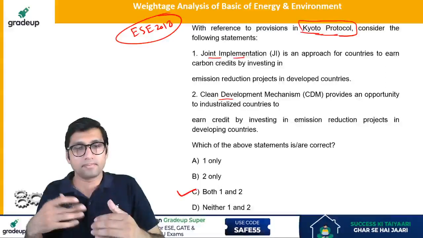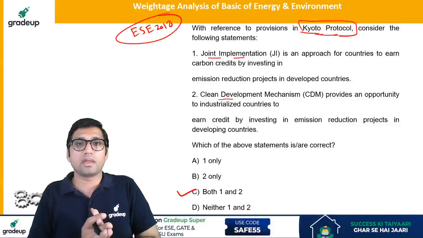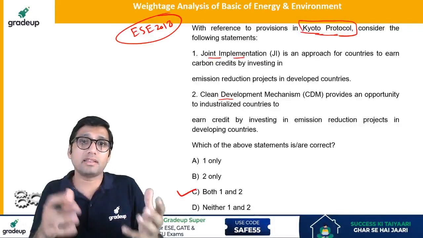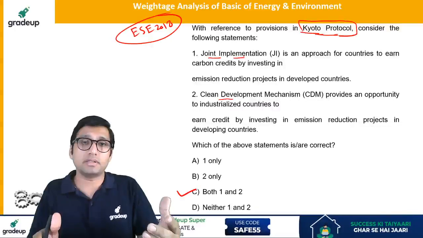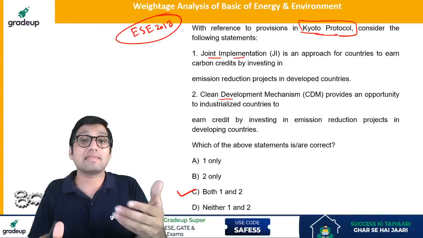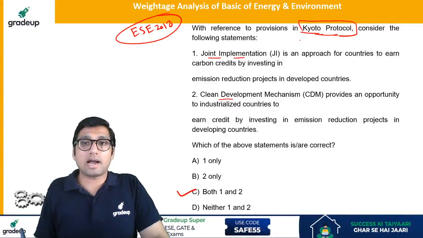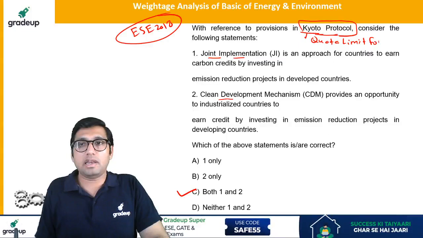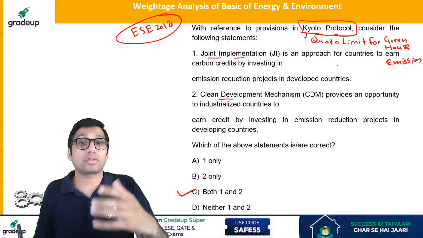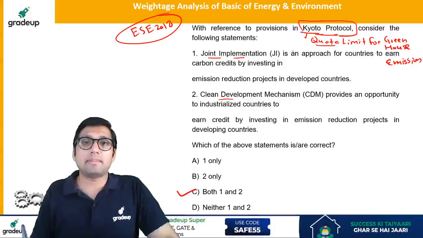The quota limit is basically how much pollution will be caused by the industries in the countries, and based on their consumption, they provide a quota limit to each country. The quota limit is in terms of how much greenhouse gas emission will be done by each country. Now, you know there are different types of greenhouse gases like carbon dioxide, methane, sulfur hexafluoride. These greenhouse gases can cause global warming. So they provide a quota limit for different countries.